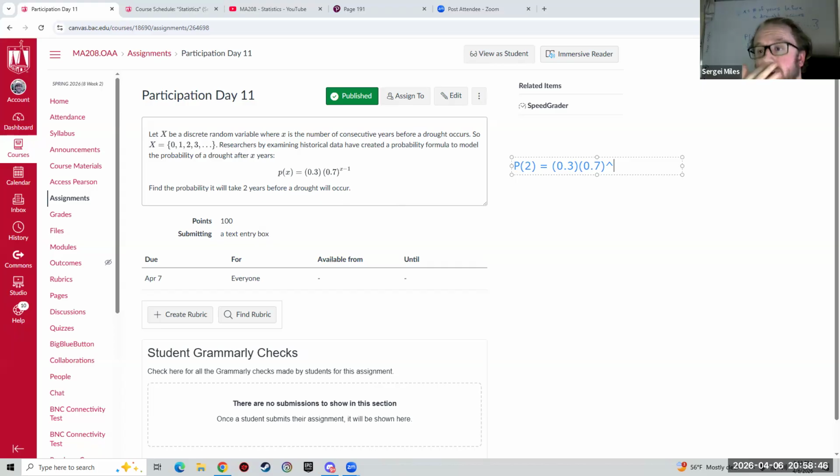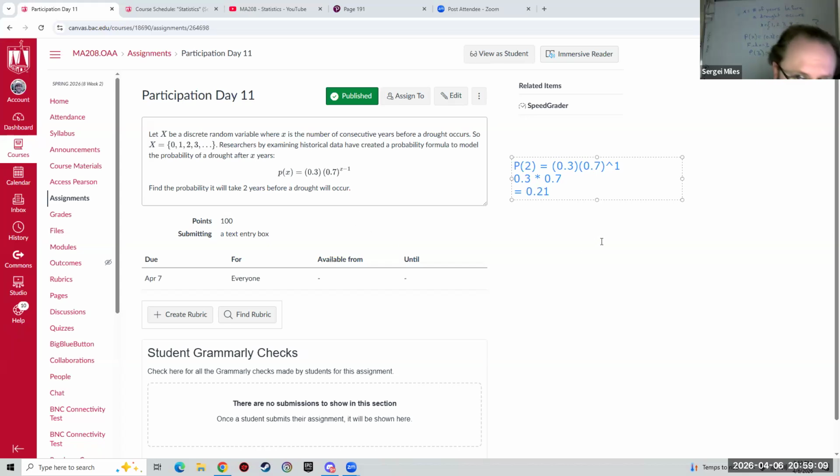Well, 2 minus 1 is just 1, so that's nice. That's just the first power. So my answer is 0.3 times 0.7. And we find out the odds that it will happen after 2 years is 0.3 times 0.7, which is 0.21.